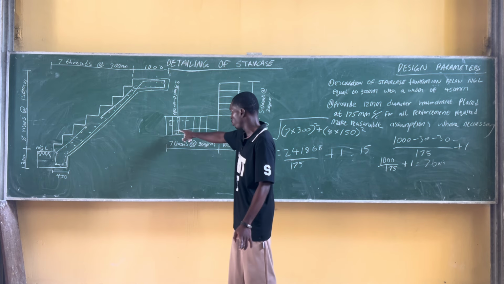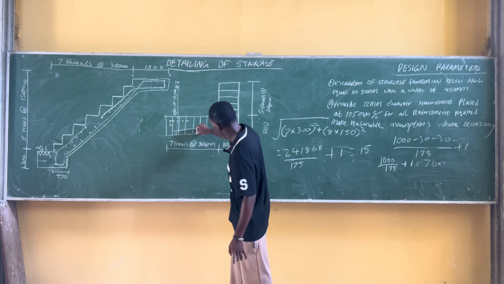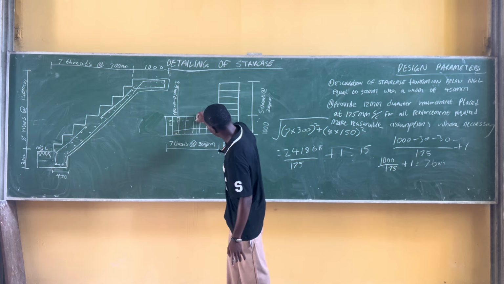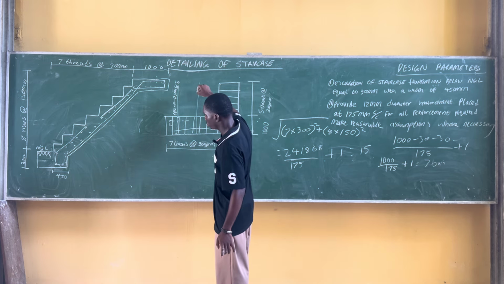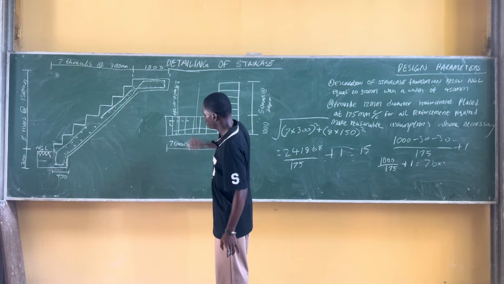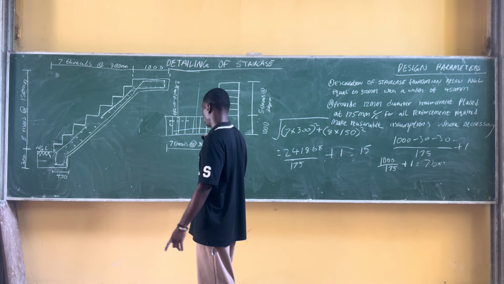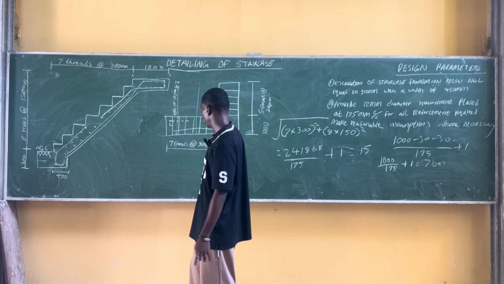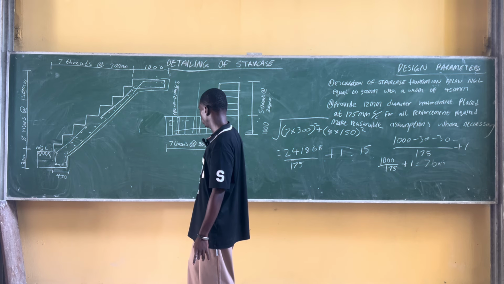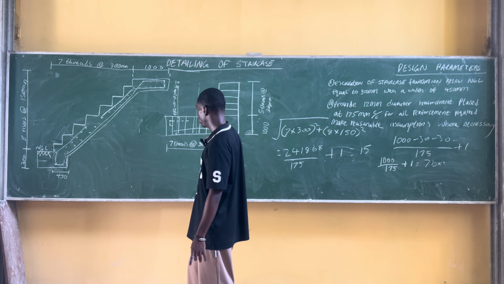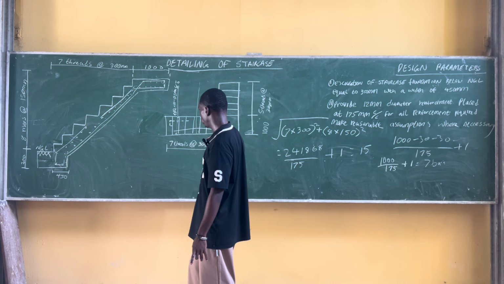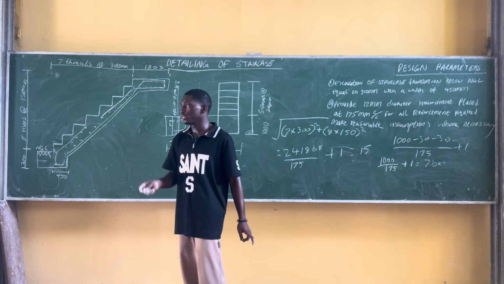Now these are B spanning from here. I mean, see where it's spanning from. Sorry, I made one mistake here.